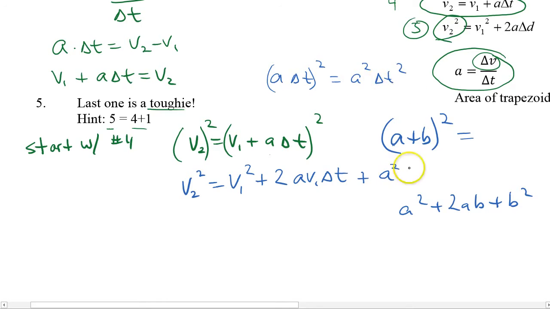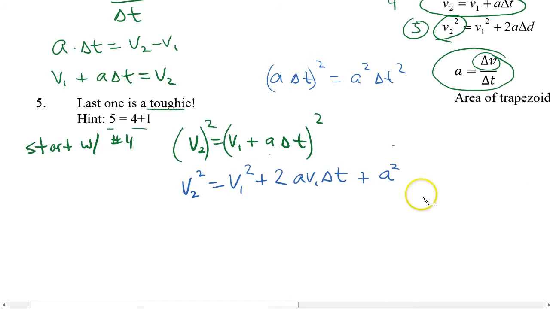You'd be amazed at how often people forget this squared, because they're used to writing from equation 1, 1/2 a delta t squared, but it's a squared delta t squared.